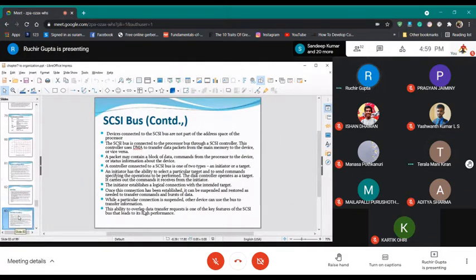After some time, the target will again send a command to the initiator that the required thing is done, and the connection will be restored. So this is the way it happens.